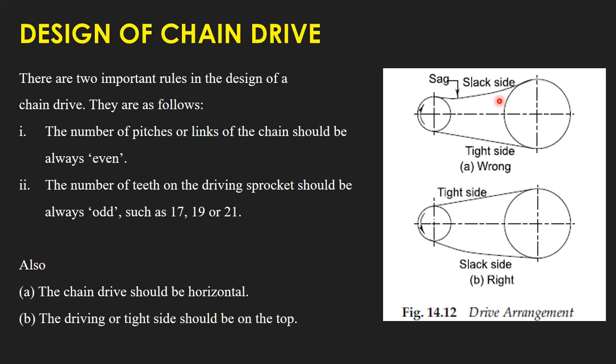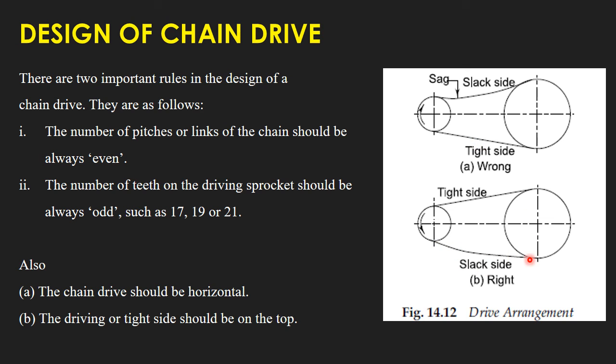Another thing is, if you are going to transmit power over very large distances, there might be chances that the sagging portion of the chain at the upper end will come in contact with the chain at the lower end. That also is a possibility.